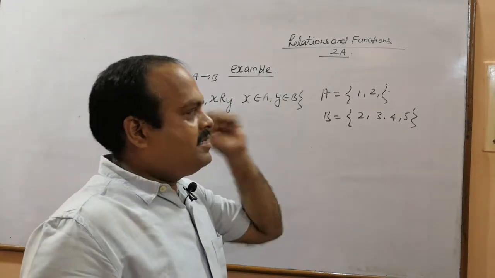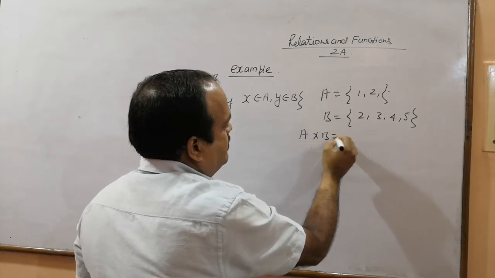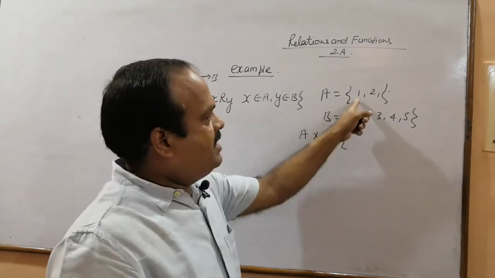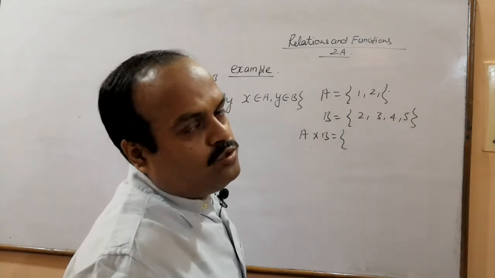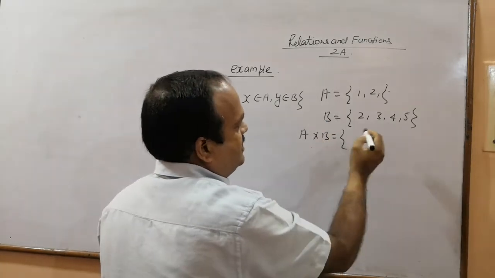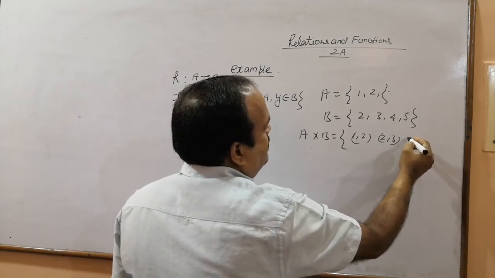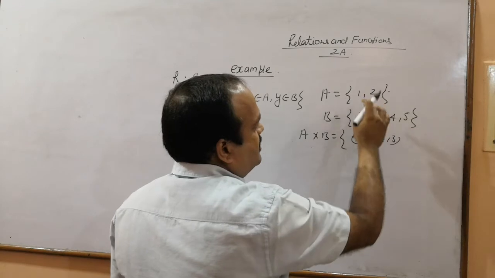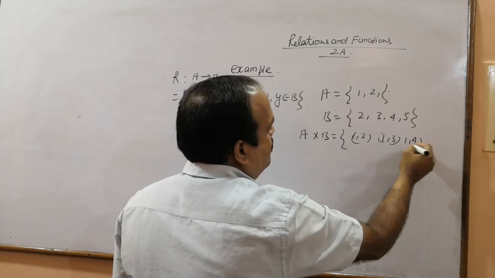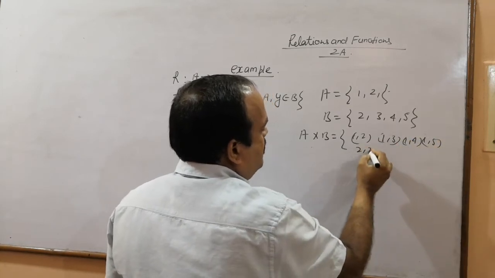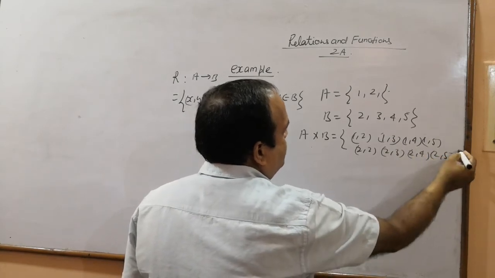I hope you know that A cross B will have 8 elements: 2 elements in A and 4 elements in B, so 2 times 4 is 8 elements in A cross B. These will be (1,2), (1,3), (1,4), (1,5), (2,2), (2,3), (2,4), (2,5).